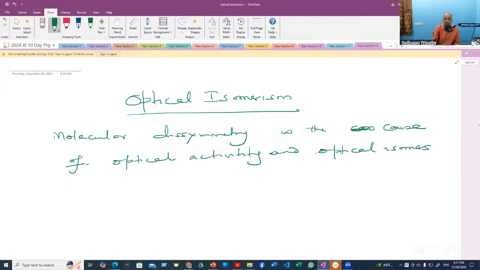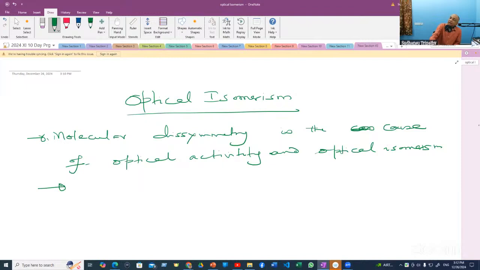Now my second question to any one of you: what are the factors responsible for a molecule to become dissymmetric?